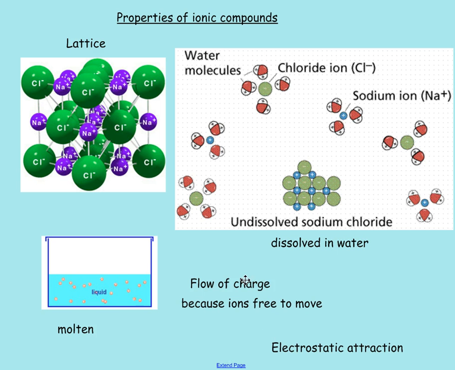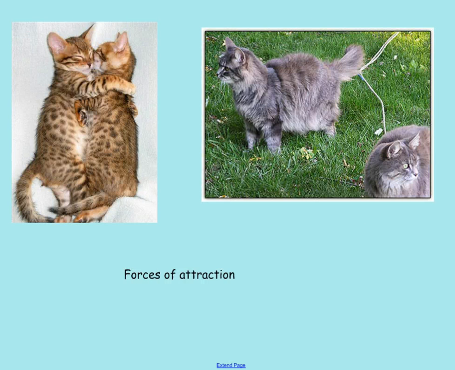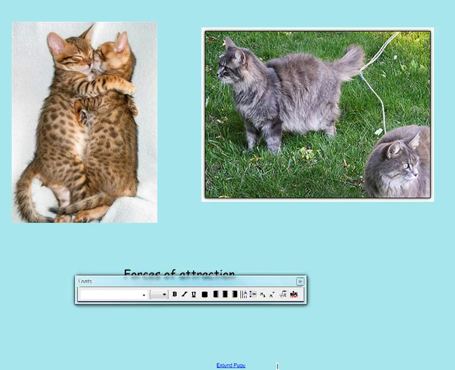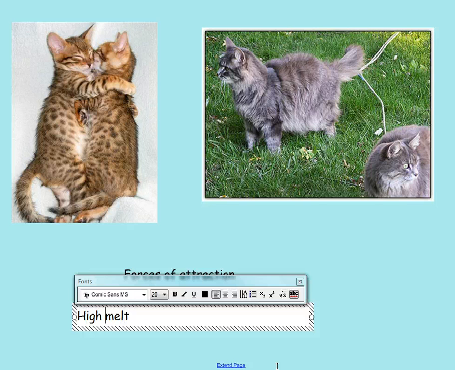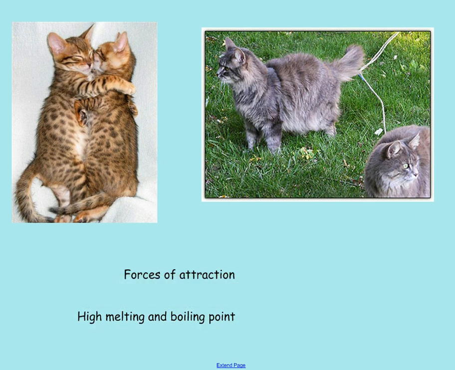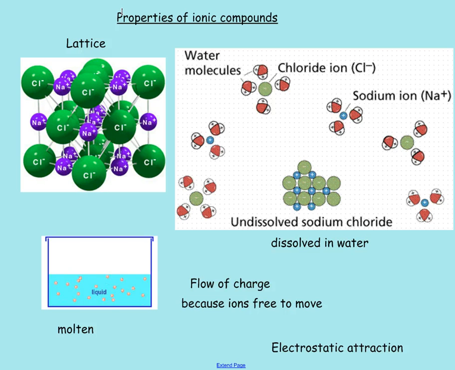Now, they also have a high melting and boiling point. What's it got to do with cats? Well, it's got a lot to do with it. High melting and boiling point. Why? Because, if you look at it, there is a lattice there. Each of these, the chlorine and the sodium, they have electrostatic attraction between them.